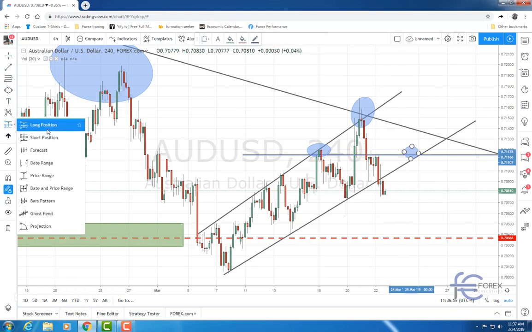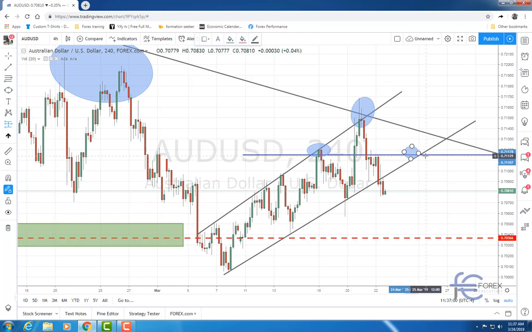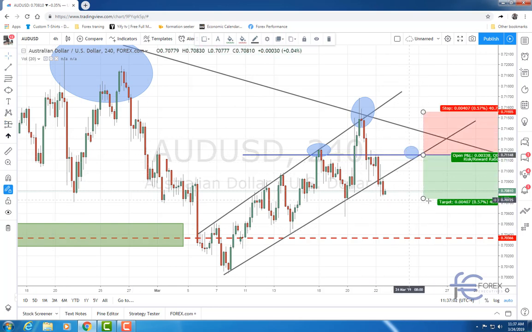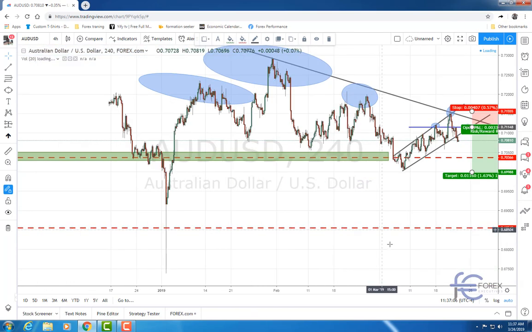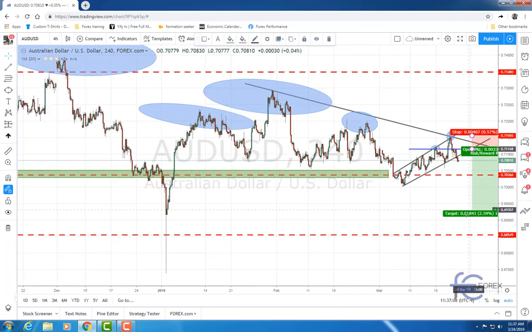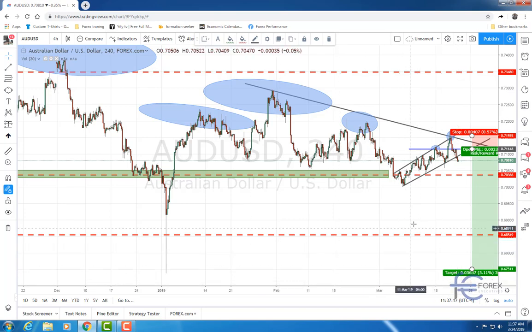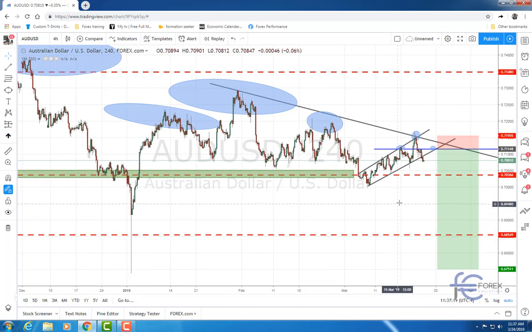Absolutely amazing. So we're going to take a short position here, right? And we're coming all the way down here, right above that wick right there. I'm not looking to be greedy.